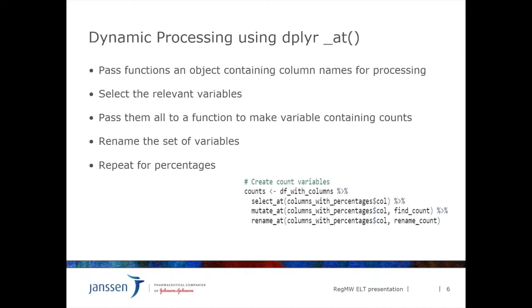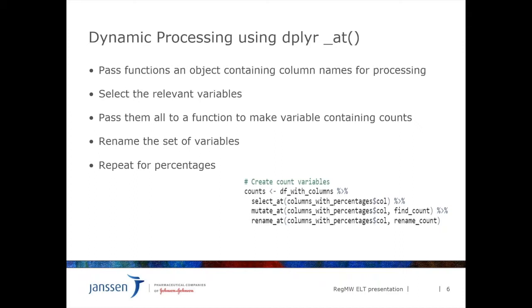So you can think of just prefixing every variable with something, or adding a suffix to every variable with something to let us know that this entire set of variables is now our count variables. Okay, so we've taken our variables that have both counts and percentages. We've now worked through this simple 4-step process here, and now we have a new set of variables that contain all of our counts.